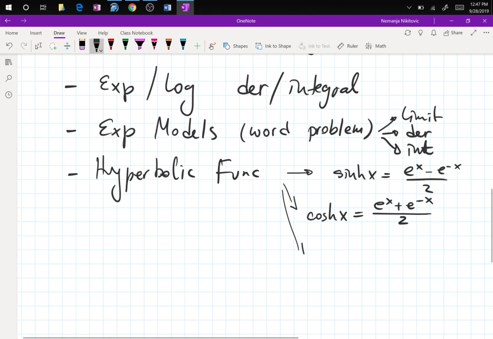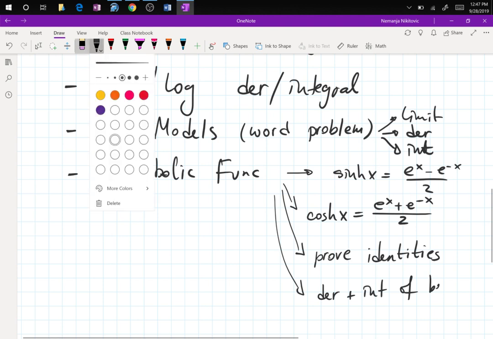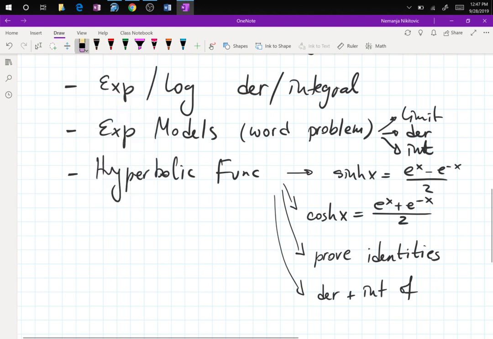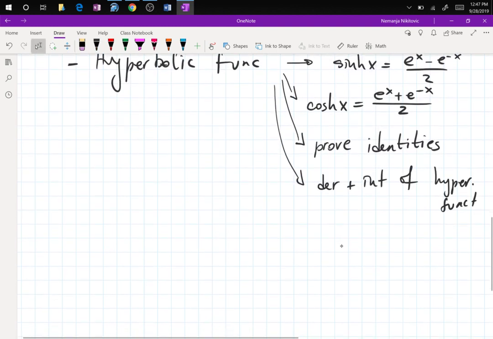And then prove identities, and then derivative plus integral of hyperbolic functions. For derivative, it's mainly chain rule, and for integral it's mainly u-sub, obviously. So that's the entire integral.